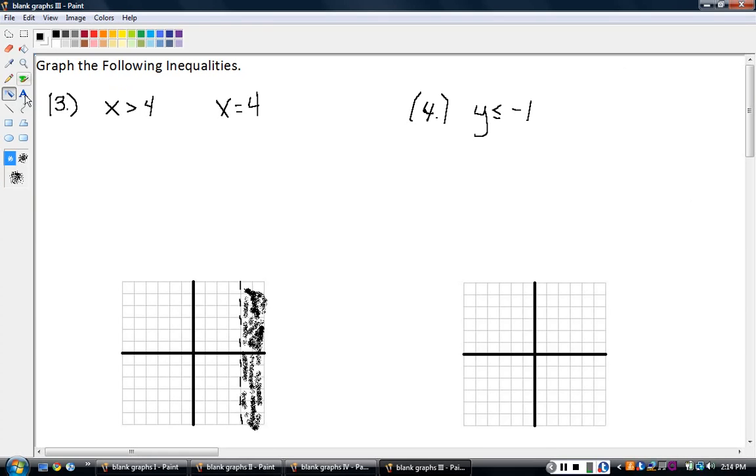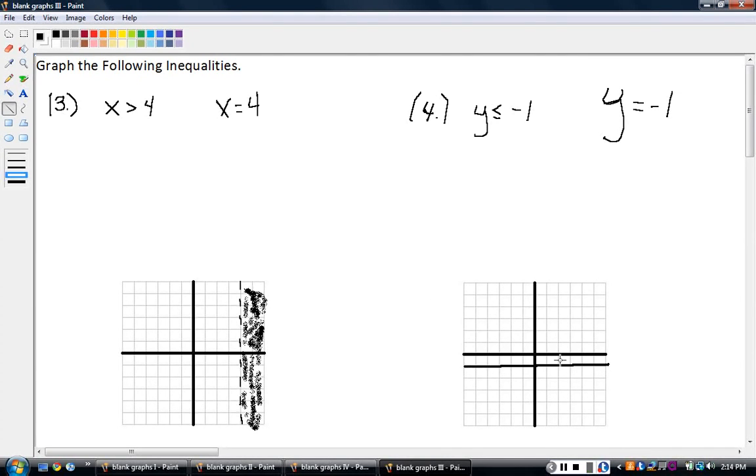Alright, now y is less than or equal to -1. So again, I want to graph the line y equals -1. I'm going to use a solid line because the line is included in the solution set, with that underscore. And hopefully you remember how to do that. y equals -1 is this line right here.